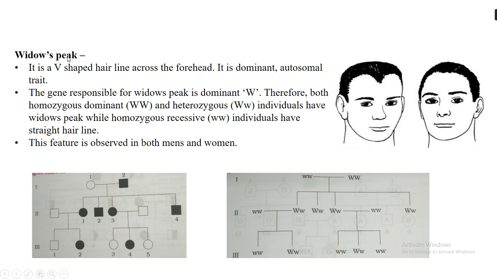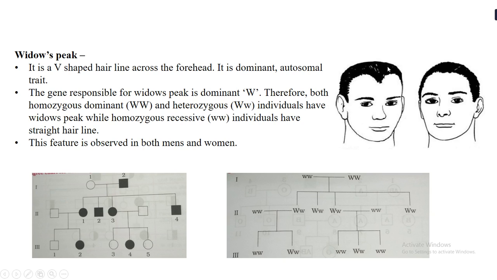The next is widow's peak. Widow's peak is a V-shaped hairline across the forehead. It is again a dominant autosomal trait, not a sex linked trait. The gene responsible for widow's peak is a dominant gene, and therefore both homozygous dominant and heterozygous individuals will have widow's peak.